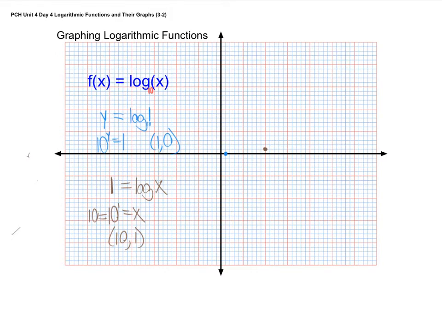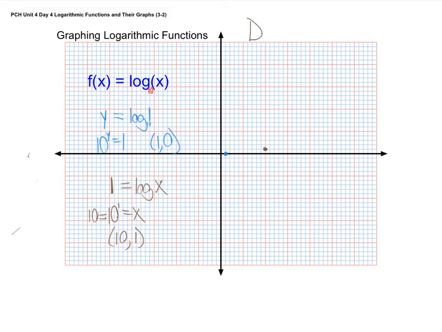So now that we have this, we can graph this. What's our domain for the log function? 0 to infinity? Okay, can it equal 0? It could be between 0 and 1, but 0 to infinity, not including 1. Okay, good.